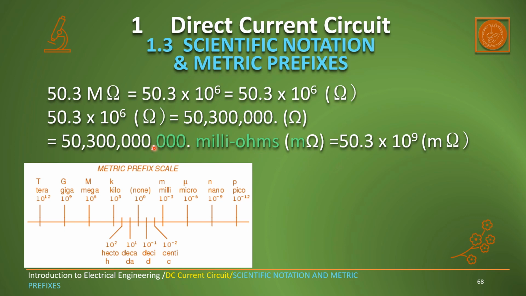So we can write the scientific form as 50.3 times 10 power 9, because this has 6, 1, 2, 3, 4, 5, 6, plus this 3, 7, 8, 9. So the total is equal to 50.3 times 10 power 9 milliohms.